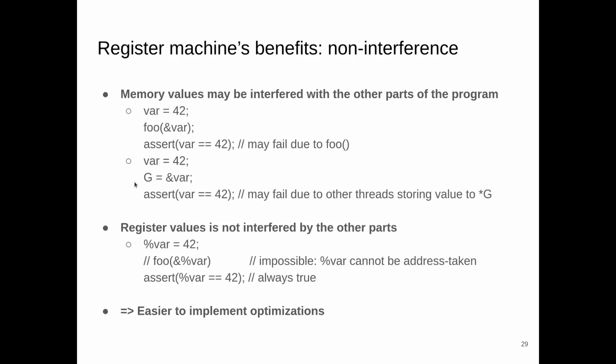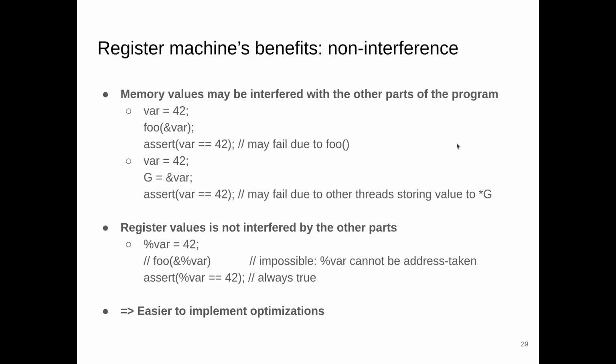As explained previously, another thread may store a value to this G. That is var. And there are many other possibilities of interference from other parts of the program via this function call, via these global variables, and so on. That's the reason why it is more difficult to perform optimizations on memory values, because of the possibility of interference from other parts.